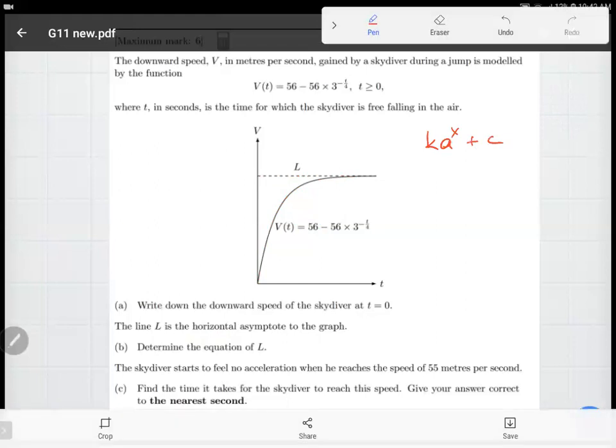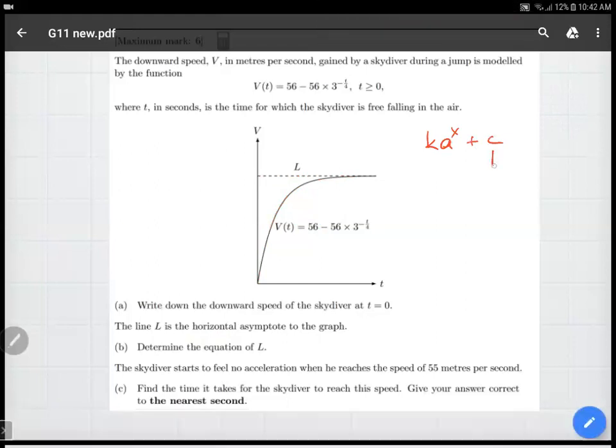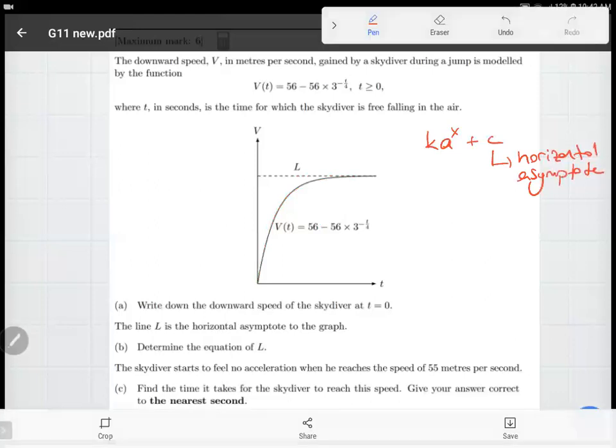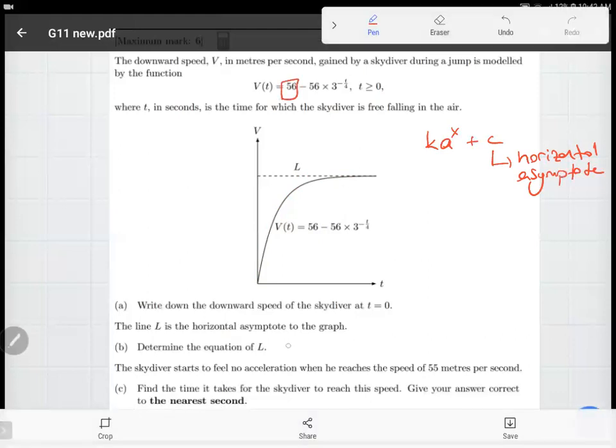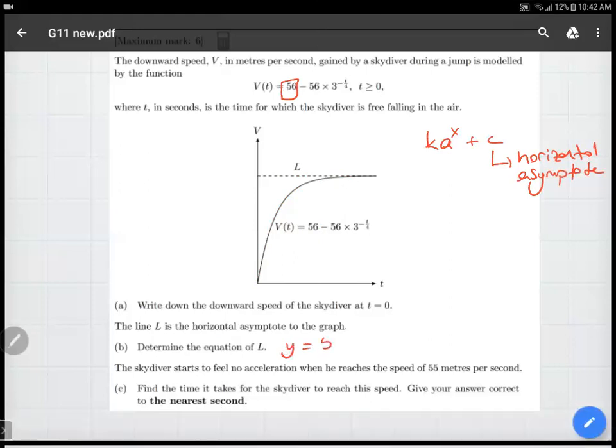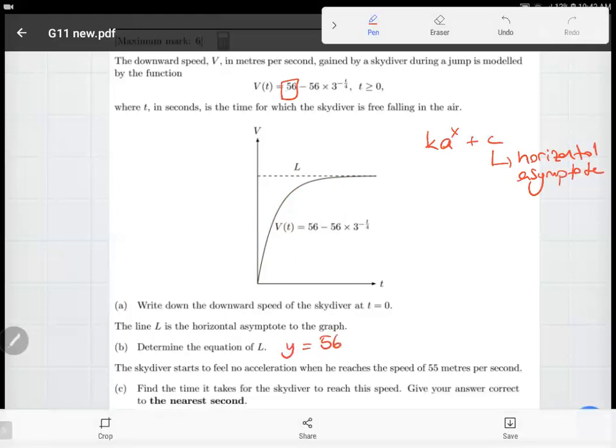So in this form of the equation, this number c is the horizontal asymptote. So if you look at the equation, what is this number? 56. So the equation of L is y is equal to 56. So we found part B.